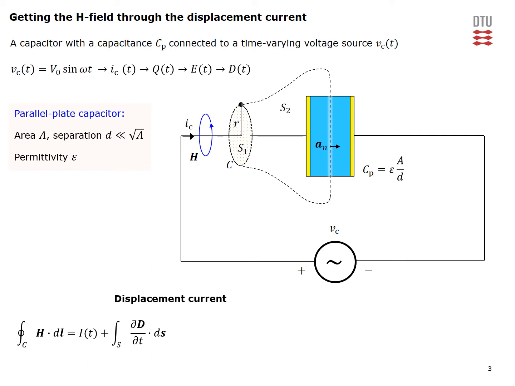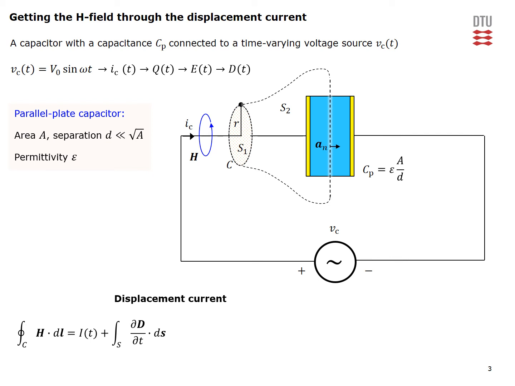So in order to finalize our calculations, let's assume that we are dealing with a parallel plate capacitor. The plates have a surface area A, and the separation distance is much smaller than the side length of these plates. We also assume a simple material in between the plates, which is then characterized with this permittivity epsilon.